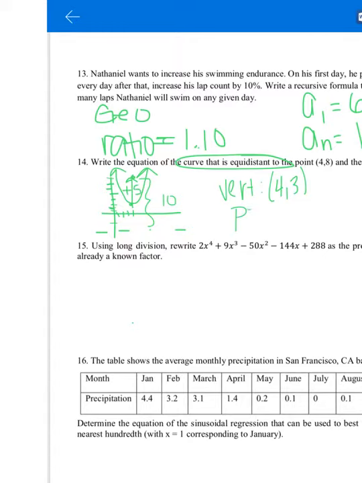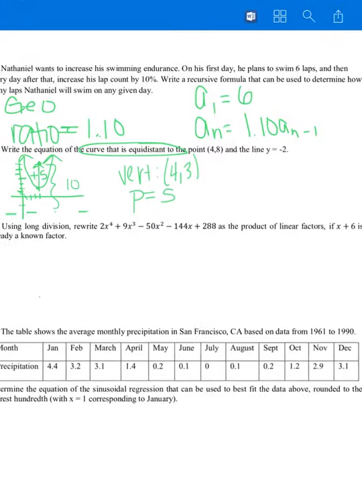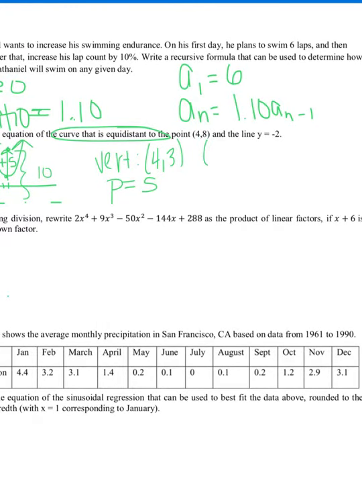So p is equal to 5. The parabola formula, right, for a vertical parabola, it is x minus h squared equals 4 times p times y minus k. So this is x minus 4 squared equals 20 times y minus 3.